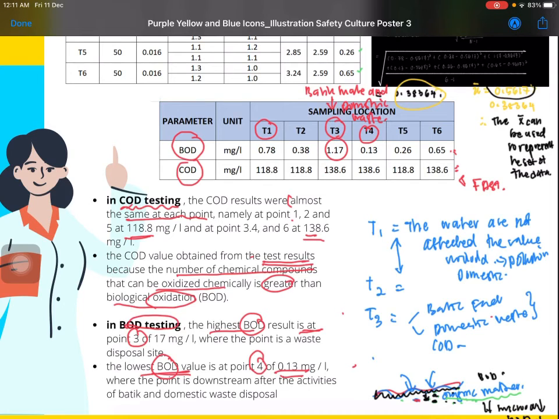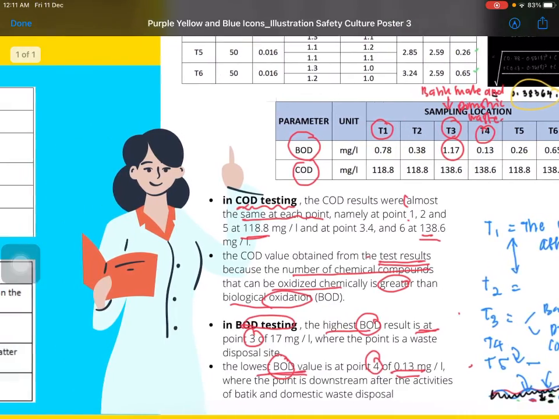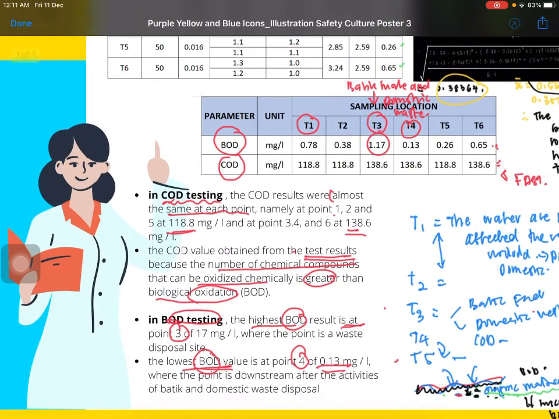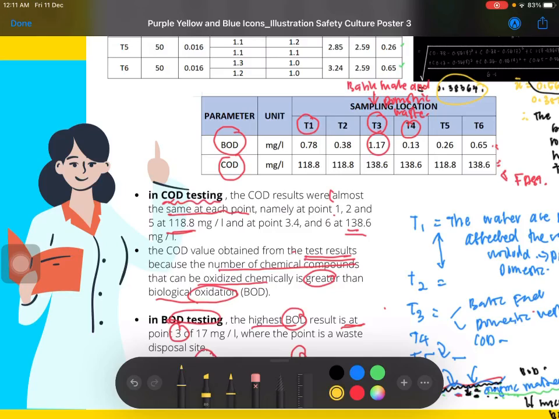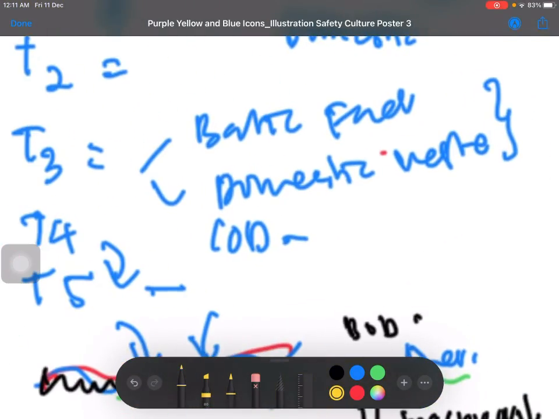At T5, why does it decrease from T4 to T5? As I said, T5 is where the two rivers connect or meet.